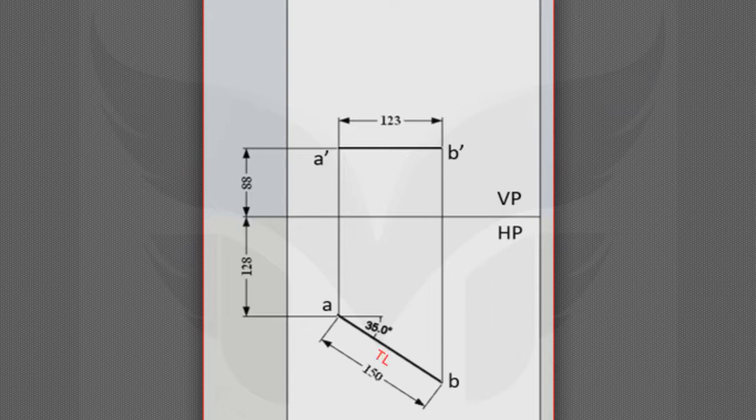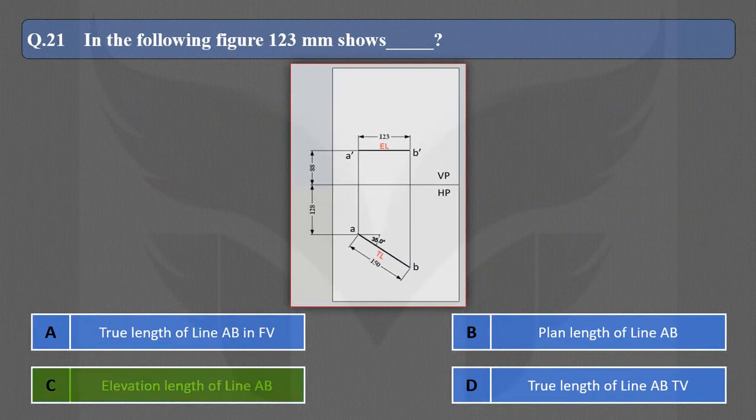So the length of a line which appears in the front view, which is shorter than the true length, is known as an elevation length. So the correct answer is C. Remember, a shorter length which appears in the top view is called a plan length, and a shorter length which appears in the front view is called an elevation length.